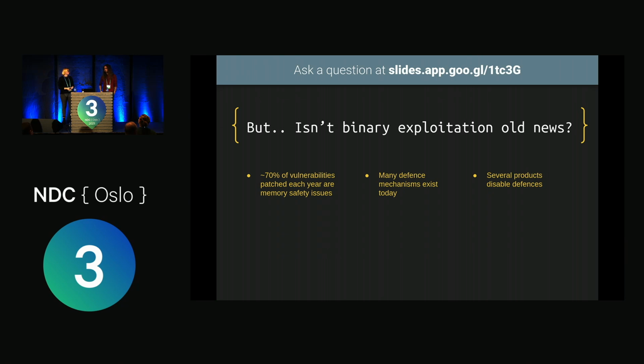So yes, it's still a very prevalent issue today, even though this has been a problem for many years. That's super interesting. Both Microsoft and Google have most of their vulnerabilities being memory safety issues. So this is highly relevant. It's not old news at all.